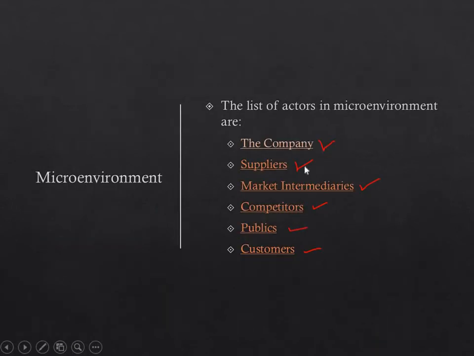All right. The second one is suppliers. Now, the suppliers seem to be an external part of the company, and they don't seem to reside in the same circle. But most of the companies deal with the suppliers as their partners.